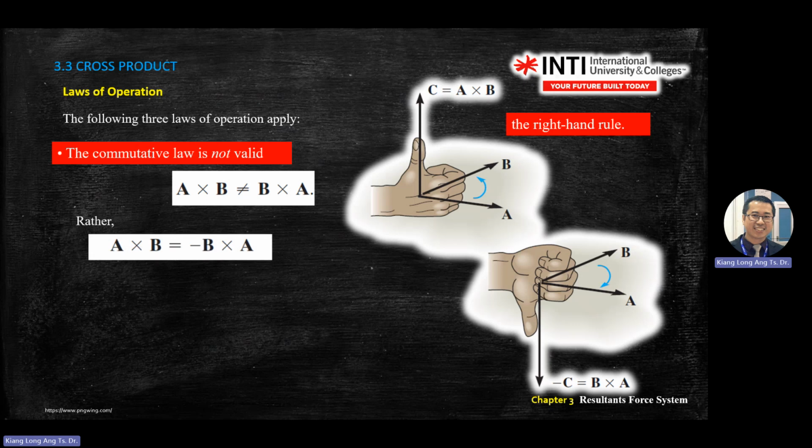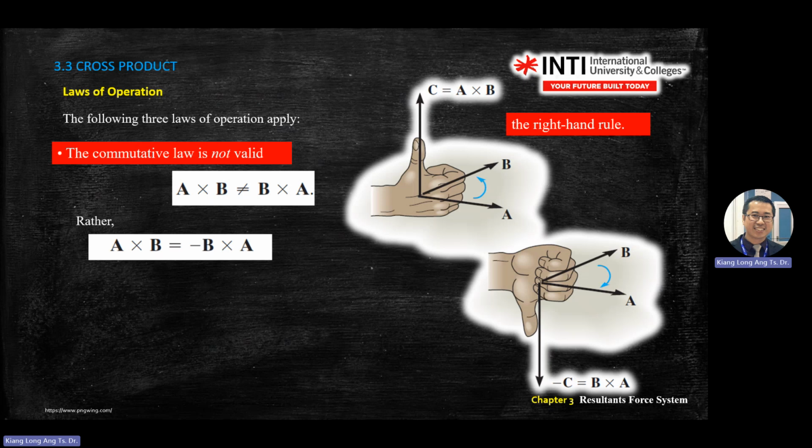So you can write something like this. If you want to flip the A and B sequence, you need to add negative to the vector. A cross B will be pointing up. Equal minus B cross A. What is minus B?